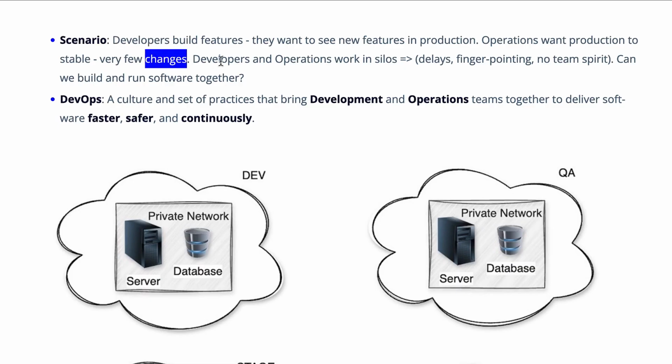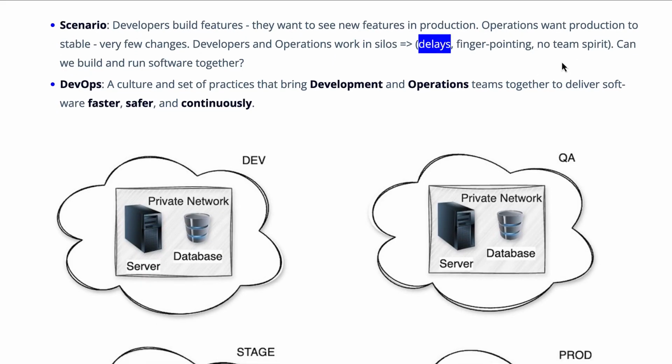Earlier, developers and operations teams worked in silos, worked on their own, and this resulted in delays. This resulted in finger pointing and having no team spirit. Instead of doing this, can we build and run software together? That's what DevOps tries to do. It brings in a culture and also a set of practices.